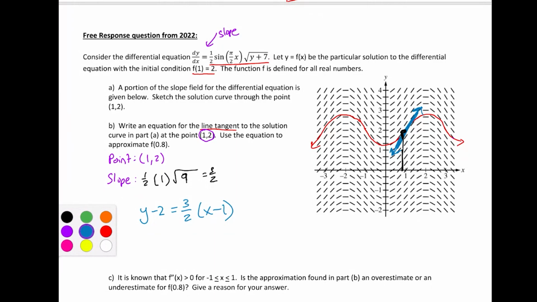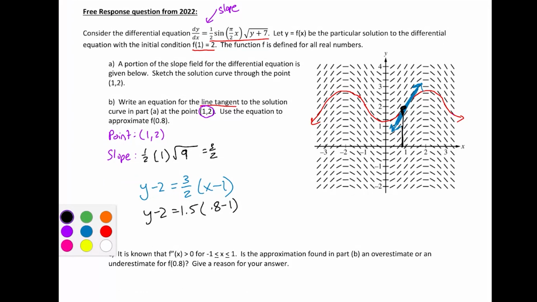Okay, so we've got y minus 2 equals, I'm just going to write this as 1.5 because we're dealing with decimals here, times 0.8 minus 1. Now 0.8 minus 1 is negative 0.2, and 1.5 times negative 0.2, well, 2 times 1.5 would be 3, so this would be negative 0.3.